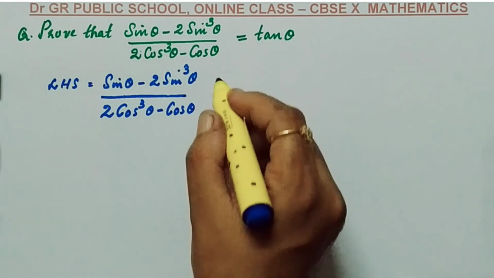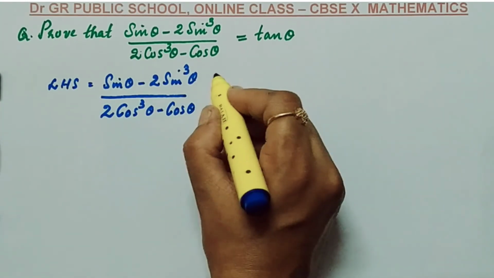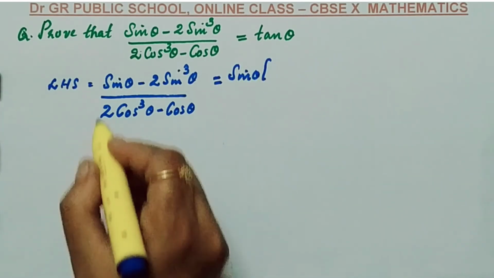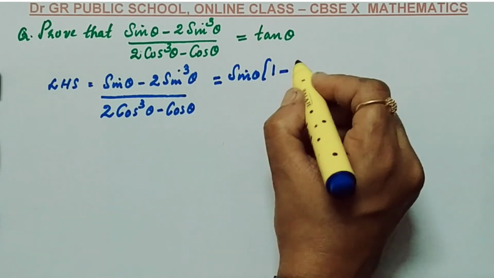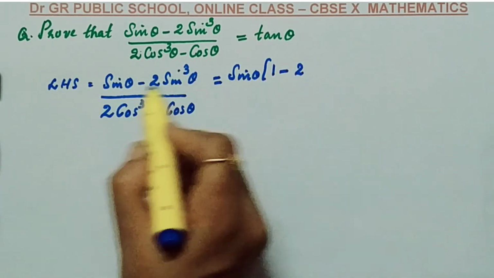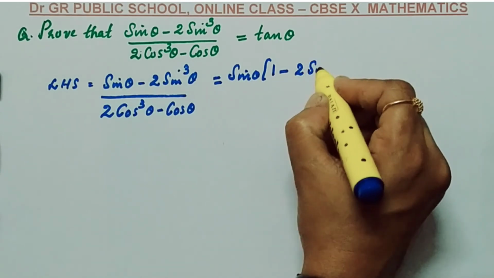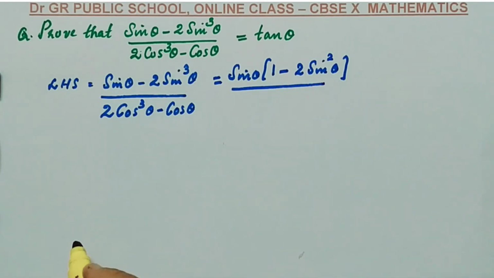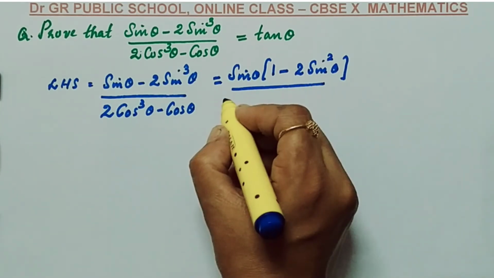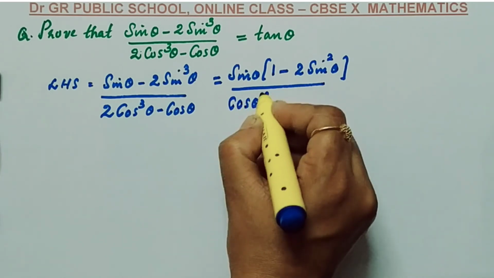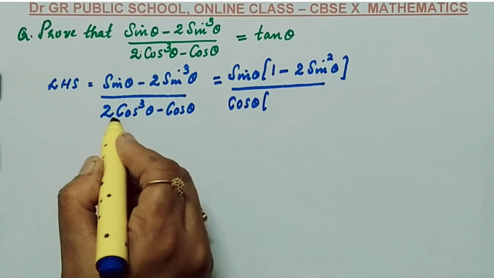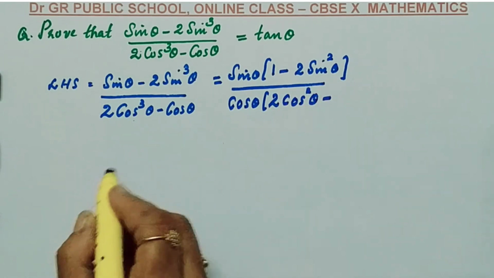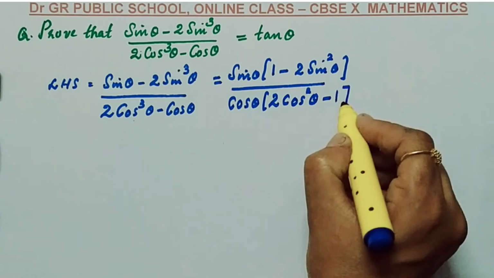Here I am going to do a simplification, taking sin theta common from the numerator. Here remains a 1 minus 2 sin square theta. From the sin cube theta, if you take 1 sin theta outside, there remains a sin square theta. The whole divided by, in the denominator, we can take a cos theta outside. Now here remains 2 cos square theta minus cos theta taken outside, so remains 1.